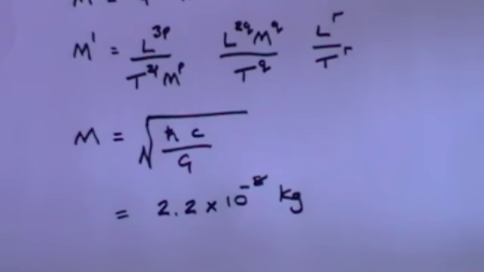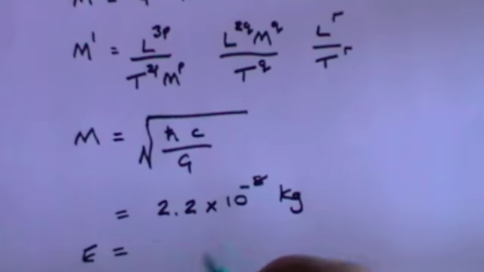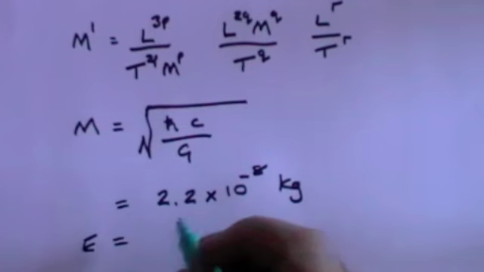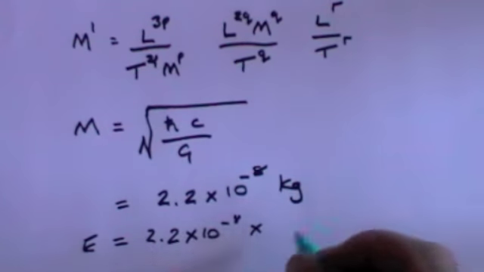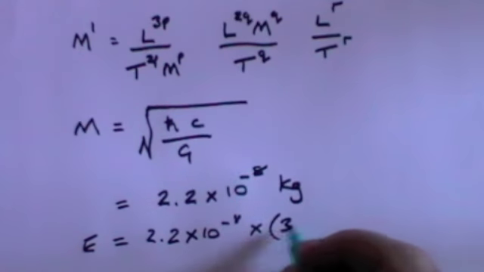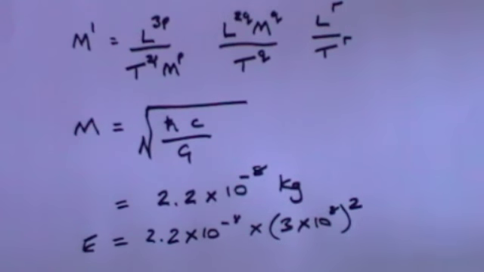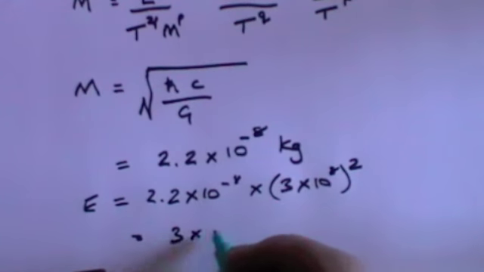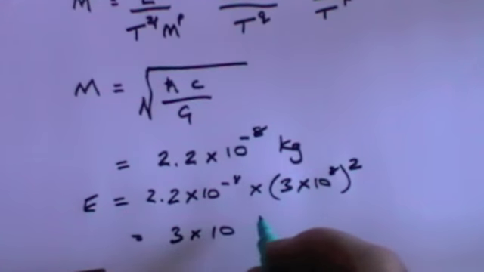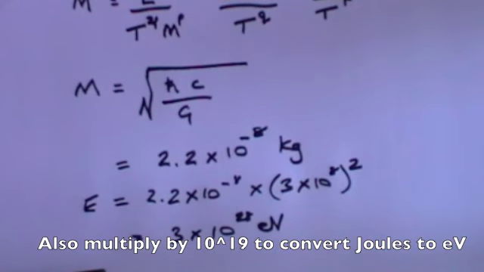Energy is mc squared, so if you want the energy associated with this mass, you have to take 2.2 times 10 to the minus 8 and multiply that by the speed of light squared, E equals mc squared, so that's 3 times 10 to the 8 all squared, and that comes to 3 times 10 to the 28 electron volts.